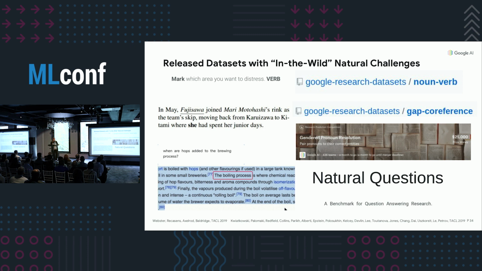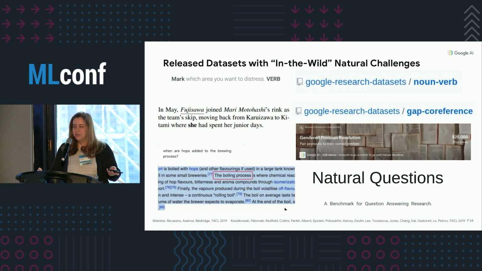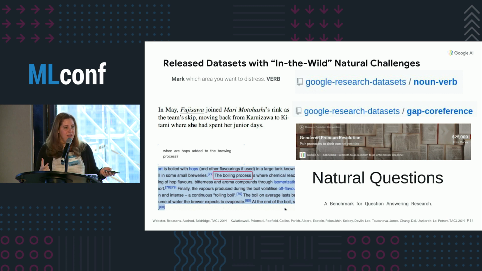Lots of people have asked these questions. And then after the questions are fixed, we then ask annotators, can you find the answer to these questions? So you can see an example of when are hops added to the brewing process. And our data set contains both the actual answer, so like the boiling process is the answer, as well as what is the larger paragraph that leads you to know this answer.